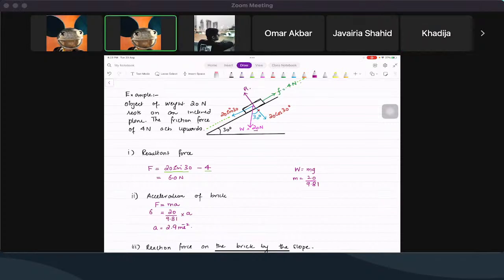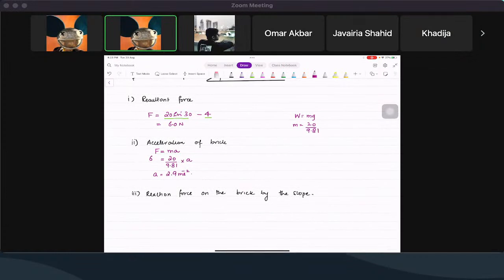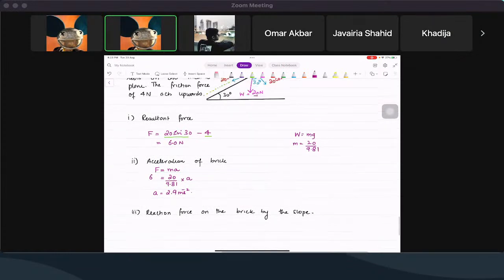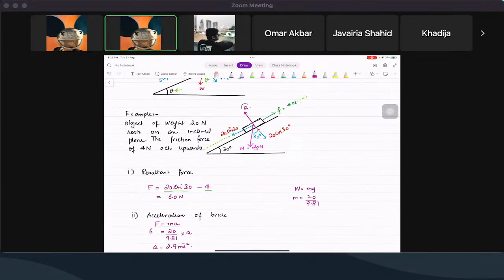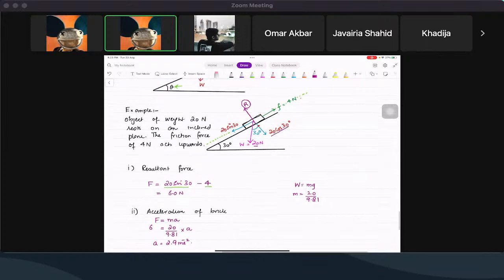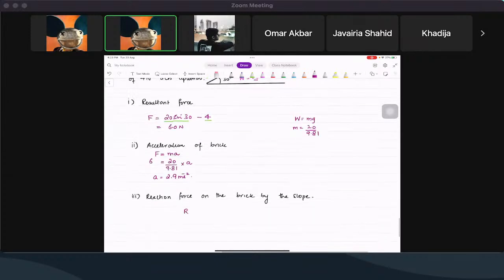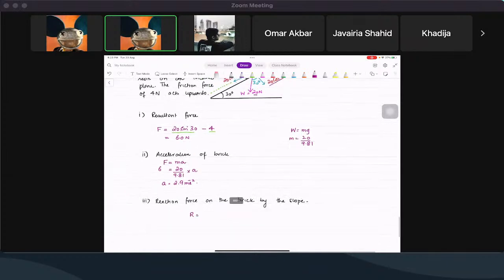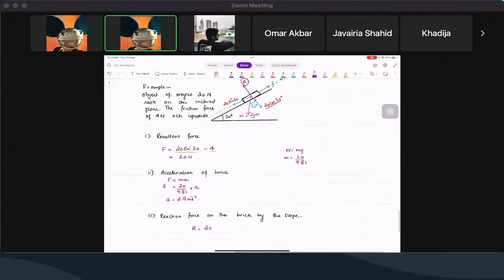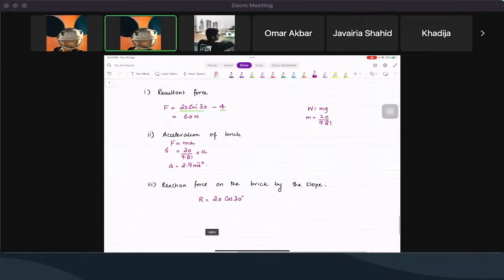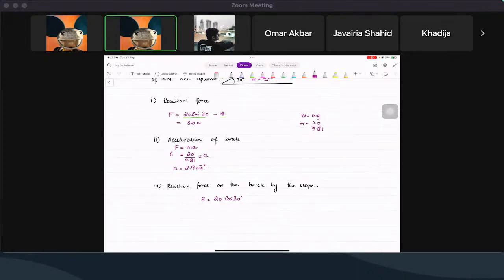Now, it says the reaction force on the brick by the slope. So reaction force is this force, and reaction comes from the forces which are basically pushing the brick down, and the only force that's pushing against the slope is this one, which means that the reaction force will be equal to, if you look at it, 20 cos 30, because that's the only perpendicular force, and that is balanced by the reaction.